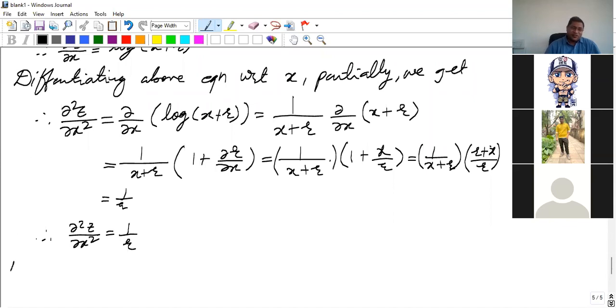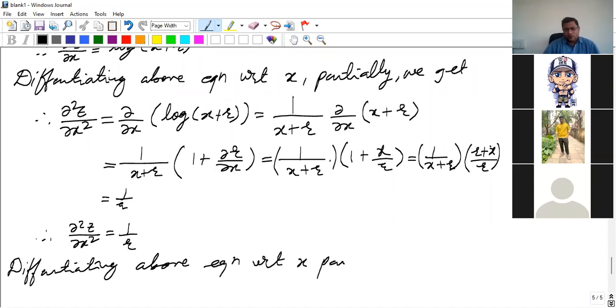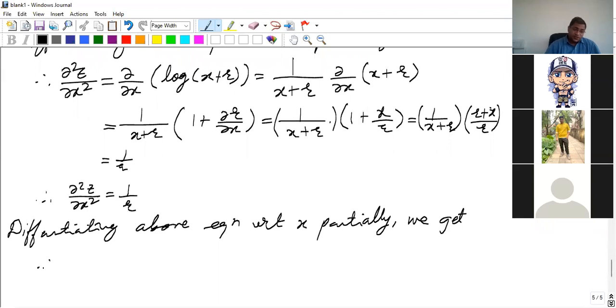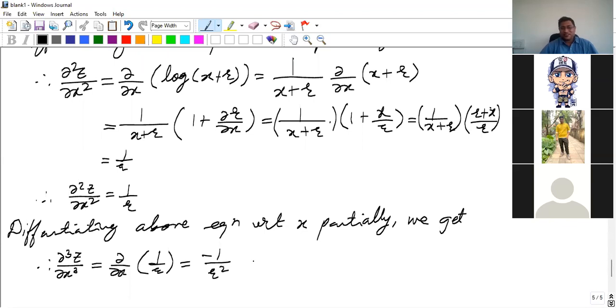As we want the third order derivative, again we differentiate the above equation with respect to x partially. We get ∂³z/∂x³ equal to ∂/∂x of 1 by r. What is the derivative of 1 by x? Minus 1 by x square. So minus 1 by r square, but is it sufficient for this term?